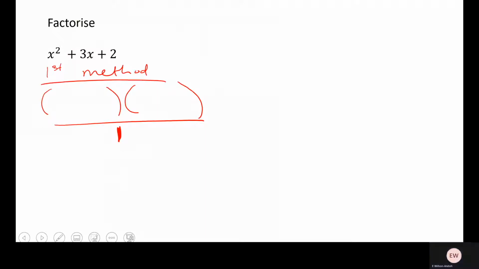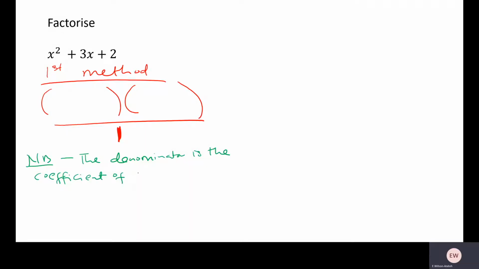So note, the denominator is the coefficient of x squared, so we have it to be 1.